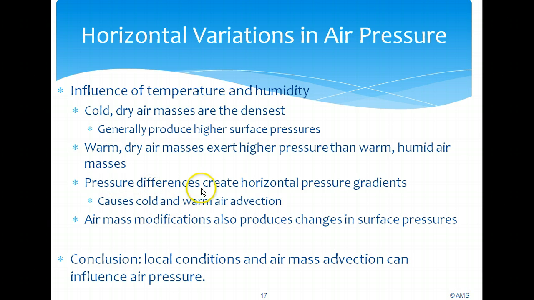And pressure differences create horizontal pressure gradients, and they cause cold and warm air advection. And remember, advection simply means transporting something from one region to another. And meteorologists are really most interested in the advection of variables like temperature and moisture.